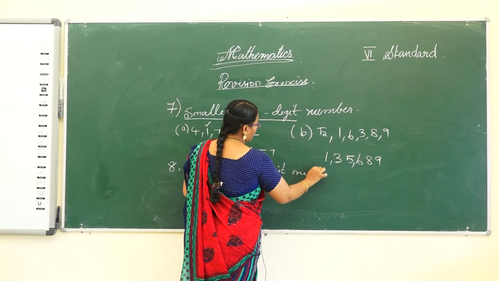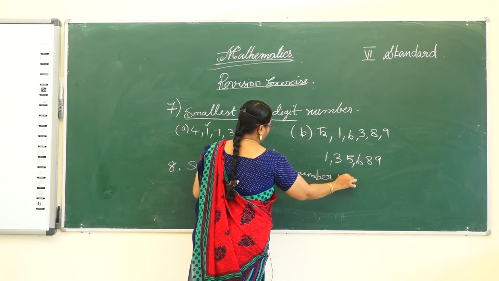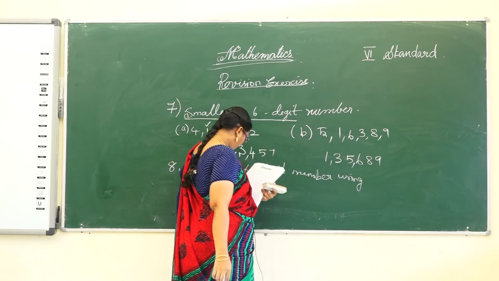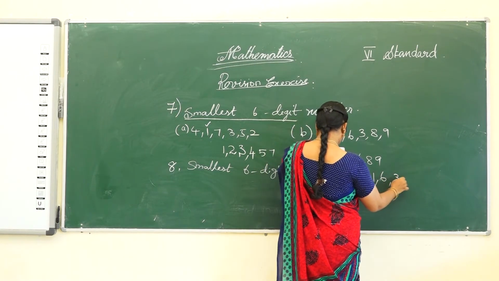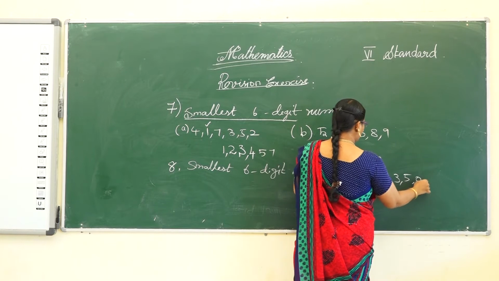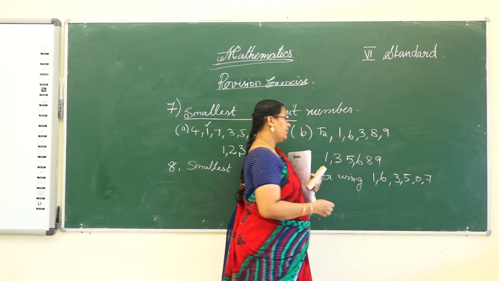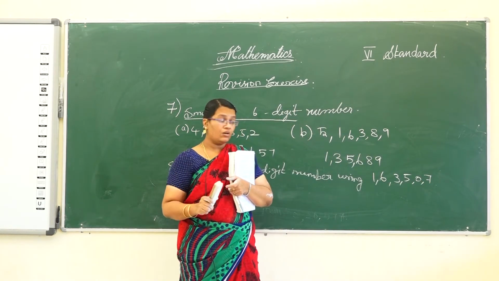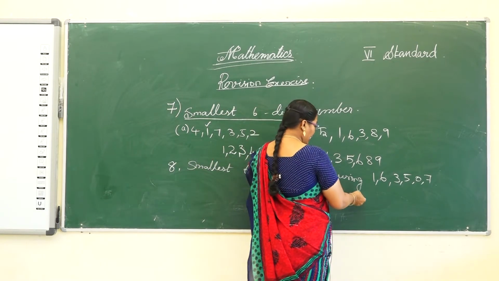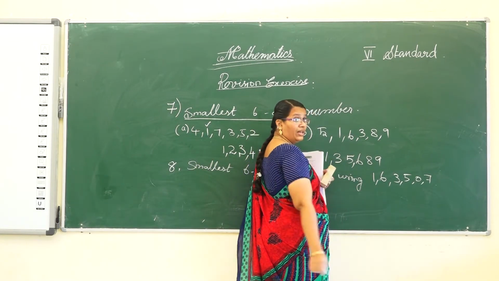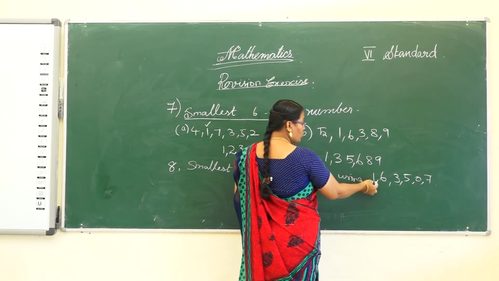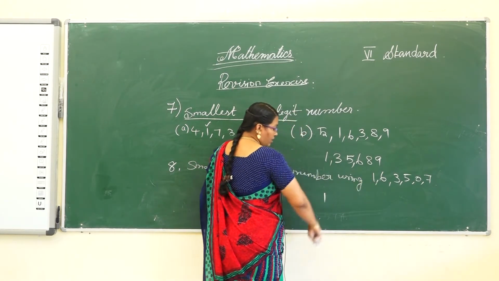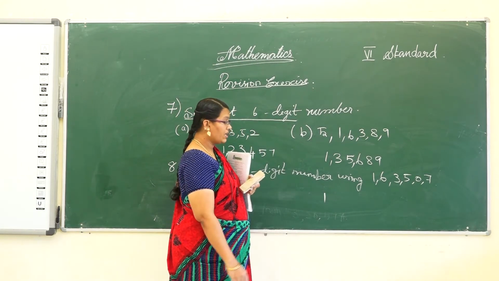Using the numbers 1, 6, 3, 5, 0, 7. Here the smallest number is 0, but you cannot write it in the front of the number. This is not valid. So the next smallest number is 1. Let me consider the first number as 1.